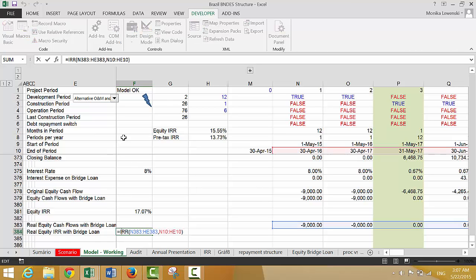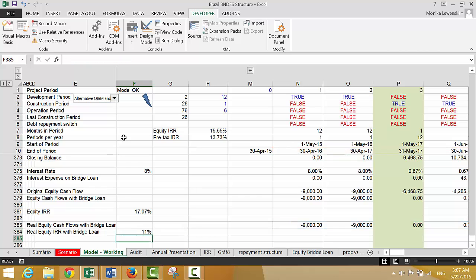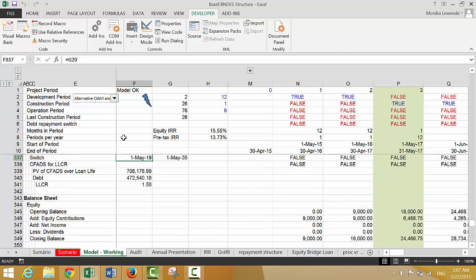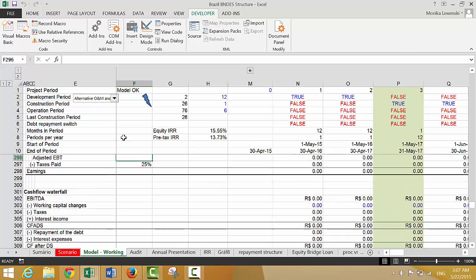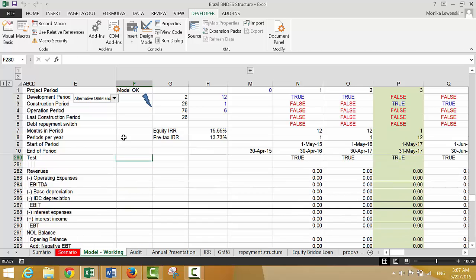Well, maybe it's because I didn't use X. Okay. Shift Control P. And of course, if we put a different interest rate on the bridge loan, we'll have a different answer to this. Maybe not that different, but the final thing we need to put in is, I think we should do this one.